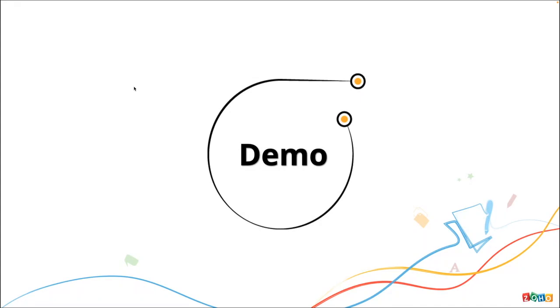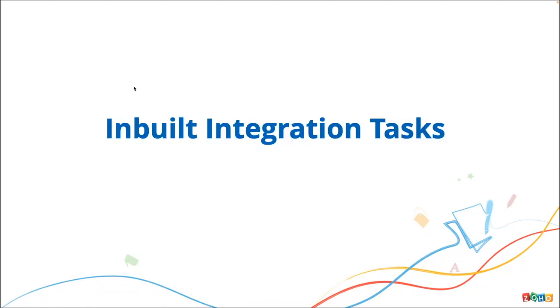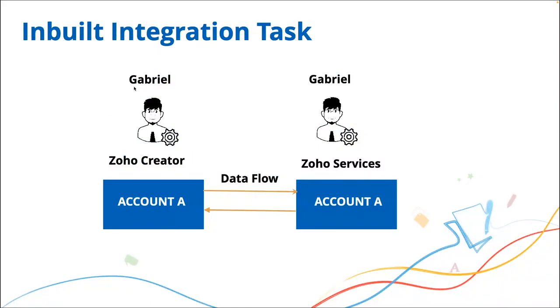So, in order for me to go for further customization, there is another way of integrating, and at that point of time, we can go with inbuilt integration tasks. As the name suggests, it's inbuilt. You can use this to do further customizations of integrations to the other Zoho suite of applications, and that will be done using Deluge, which is Zoho's native scripting language.